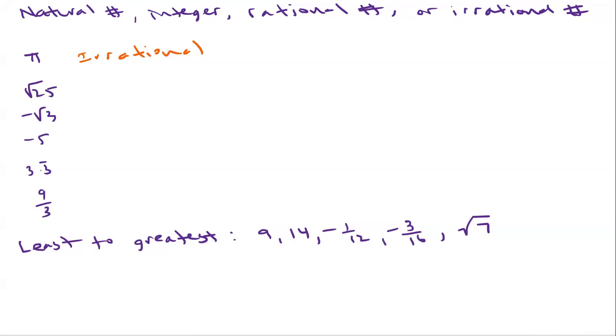Yeah, right. So radical 25 is a natural number, right? Because it's the same thing as 5. Radical 25 is the same thing as 5. So that's a natural number.